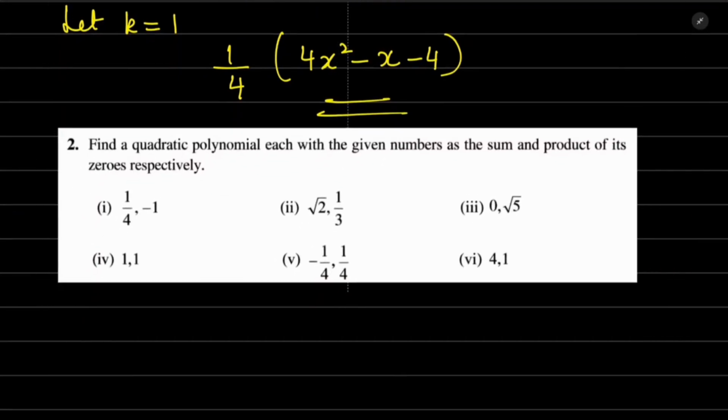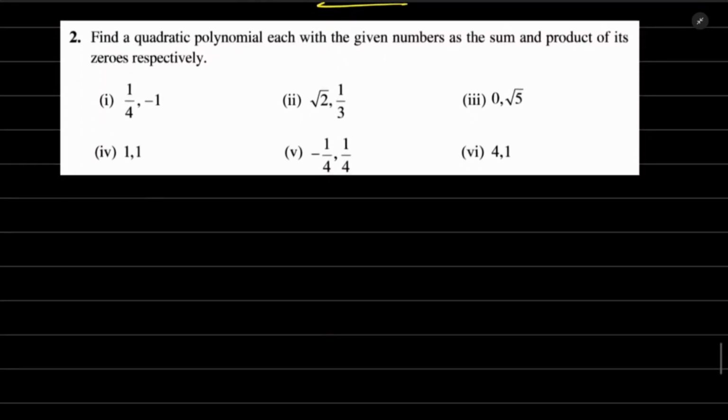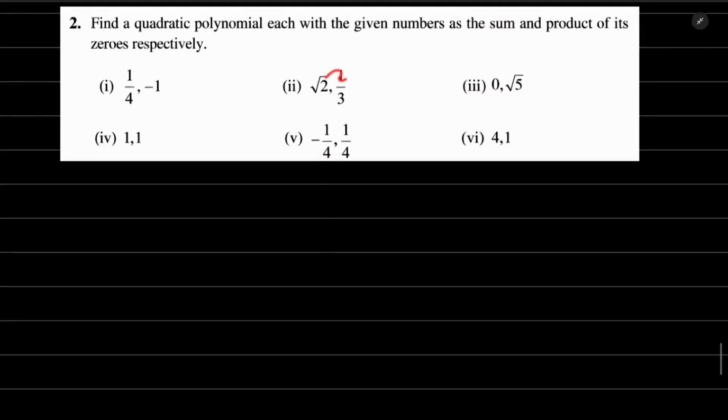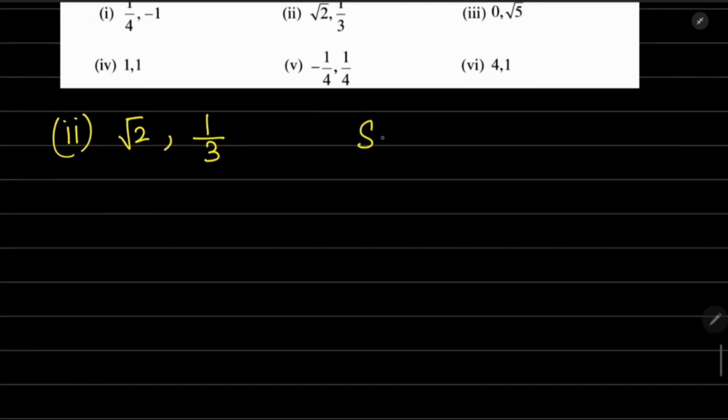What is the second problem? Find the quadratic polynomial with the sum as root 2 and the product of the zeros as 1 by 3. The same way let us do. Your sum is nothing but root 2 and your product of the zeros is nothing but 1 by 3.